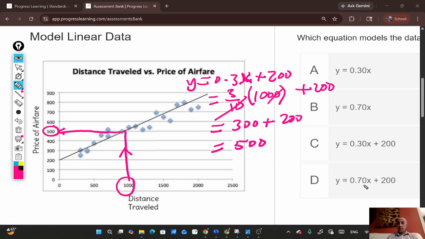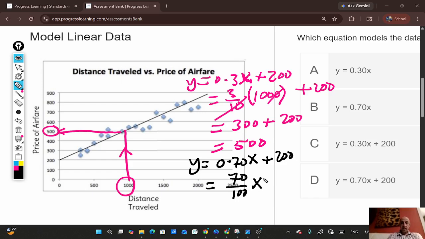What about now using 0.7x plus 200? We can use it like this, y equal 0.7x plus 200, which is equal to 70 over 100 times 1000, added to the 200.